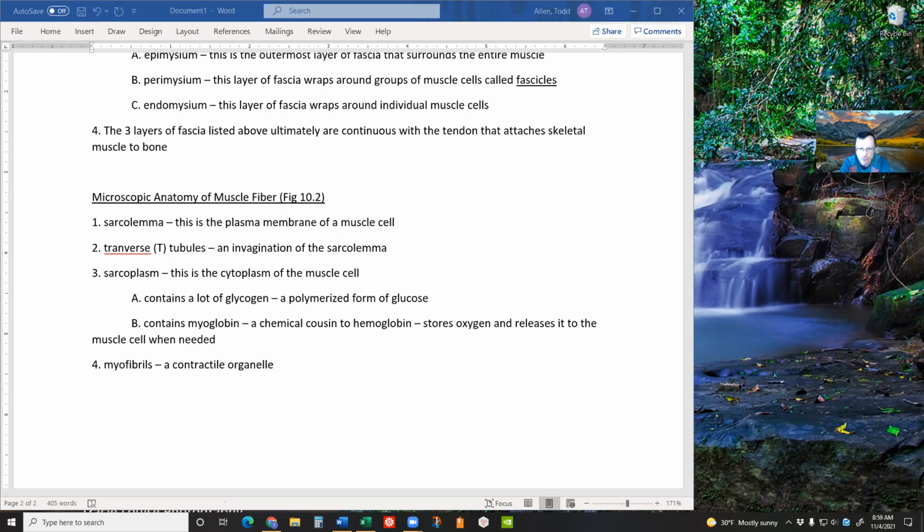Is a myofibril inside or outside? Okay. All right. As far as I can tell in the chat window, you are all spot on. You are correct. It is inside. Very good. So myofibrils are going to be instrumental in our understanding of the physiology, the mechanical portion of how muscles contract and relax.